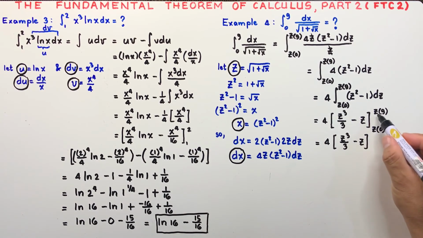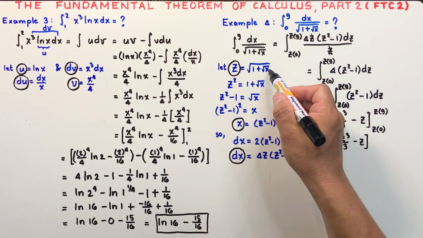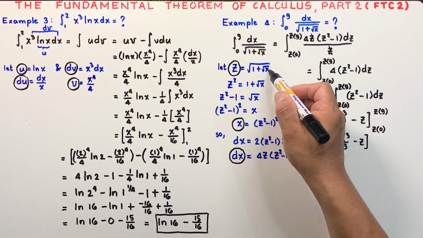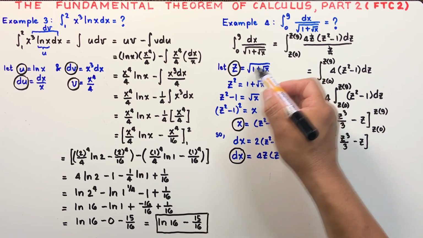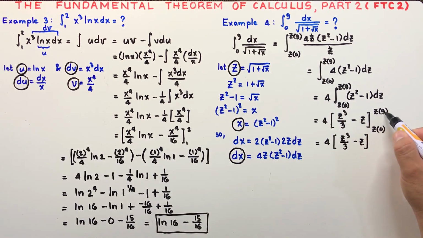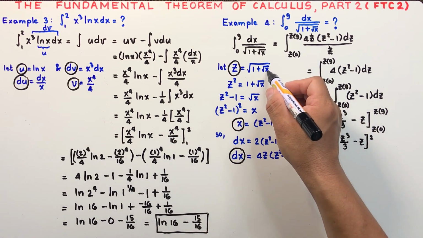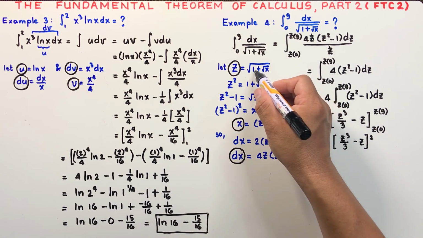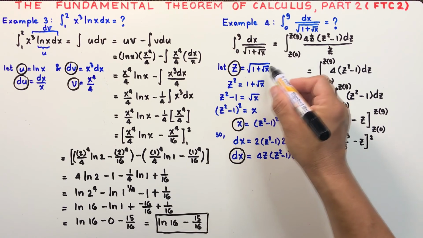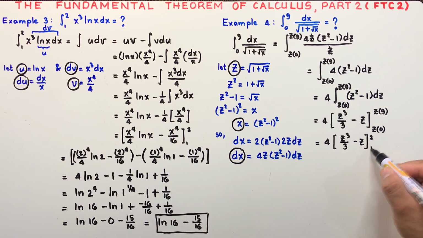So for z of 9, substituting 9, the square root of 9 is 3, and 3 plus 1 is 4, and the square root of 4 is 2. So z of 9 is 2. And for z of 0, we substitute 0 here. The square root of 0 is 0, added to 1 is 1, and the square root of 1 is 1. So z of 0 is 1.